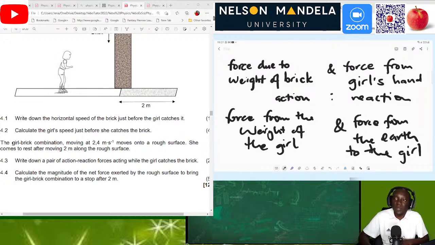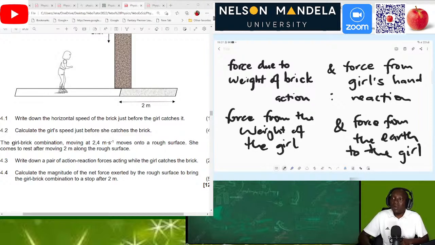But after catching the brick, momentum conservation requires that the combined body, which is the girl and the brick, should move at a speed of 2.4 meters per second, which is less than the initial girl's velocity of 2.63, which Viscolite just gave us, right?